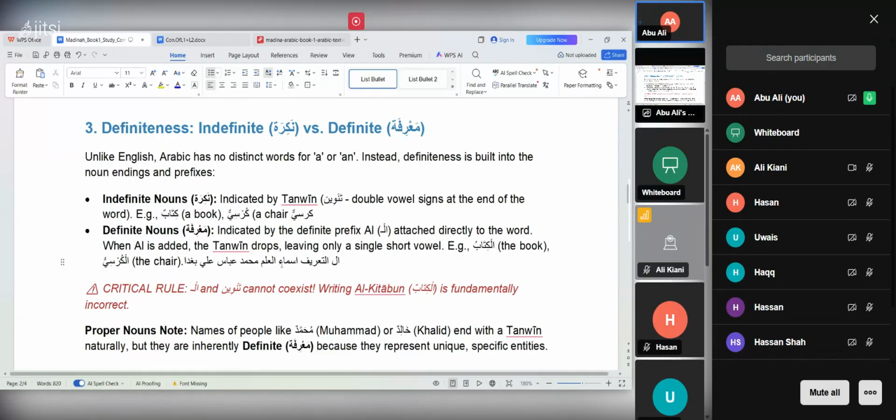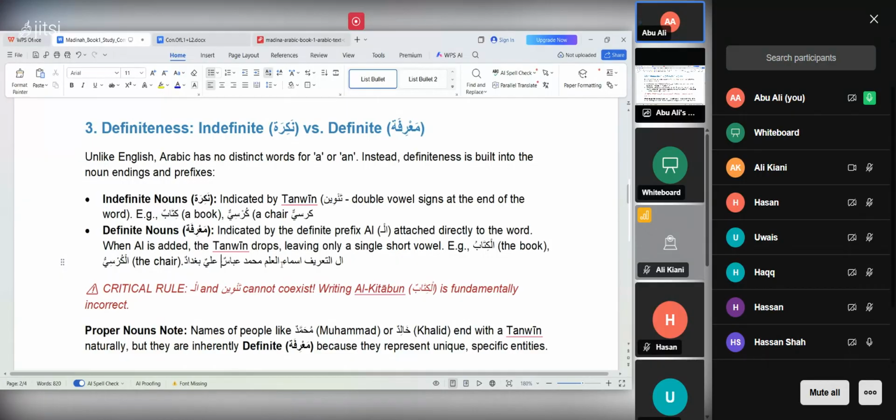With these names, you can't use al-ta'rif to define something, and they always have tanween: Aliyun, Baghdadun, Abbasun. But this tanween isn't there to define it or to say it's indefinite. It's just there. Asma al-alam have a tanween even though they are definite. This is an exception to the rule.